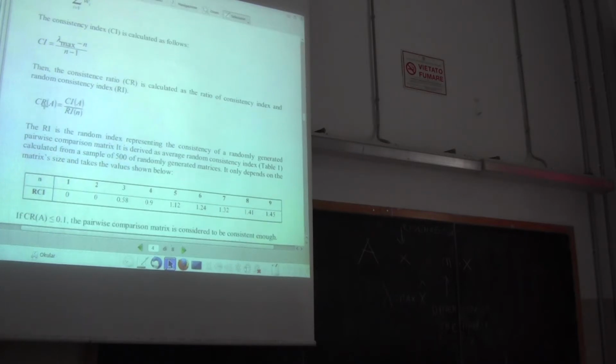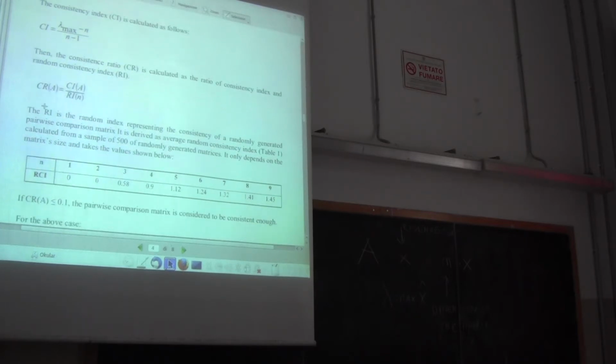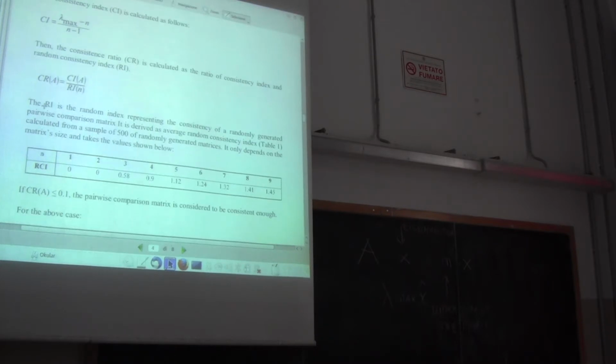So we have to compare the value of Ci with the reference value. And there is one problem, by the way. Basically, this reference value, or the consistency index Ci, depends on the size of the matrix. Because if you have a matrix that is very huge, of course you are more likely to be inconsistent.